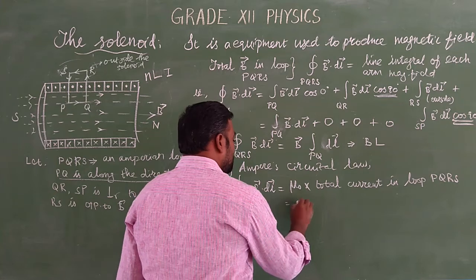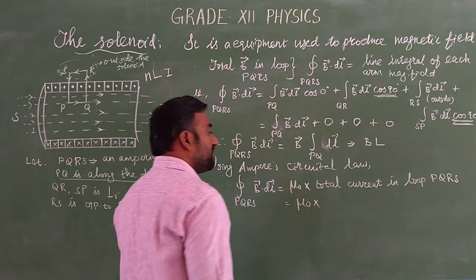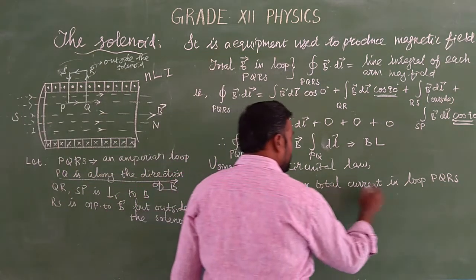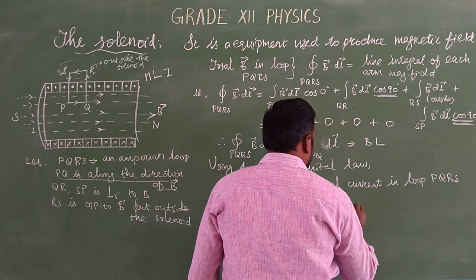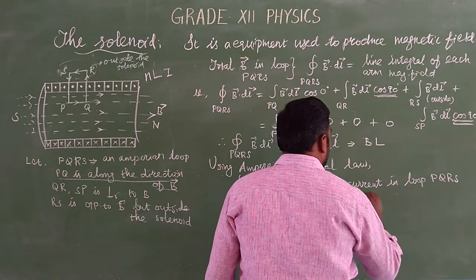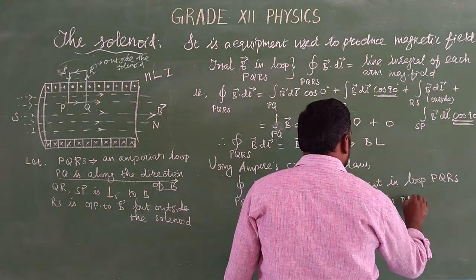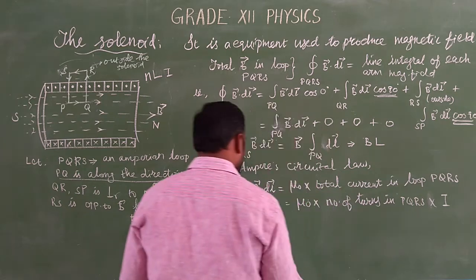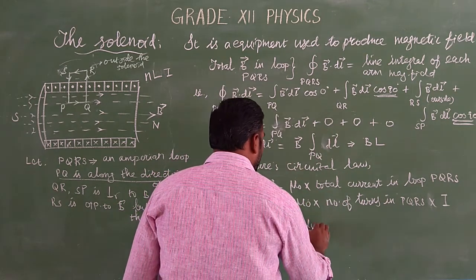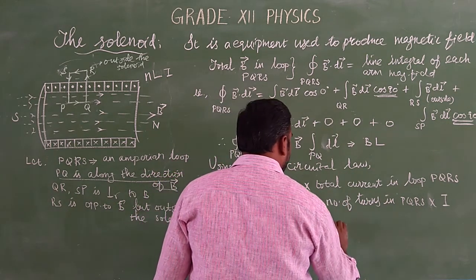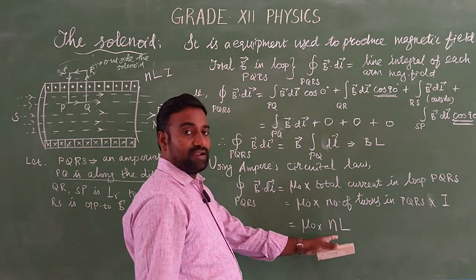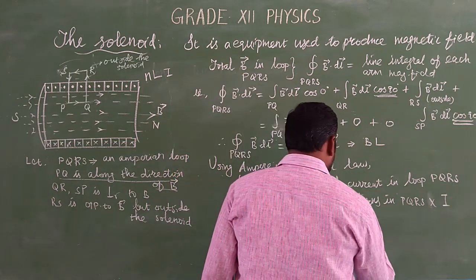So mu naught times the total current in PQRS, that is the number of turns in the rectangle PQRS times the current I, which is equal to mu naught into the number of turns in the rectangular loop into the current entering it.